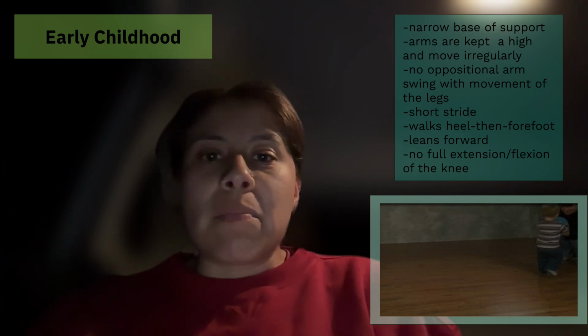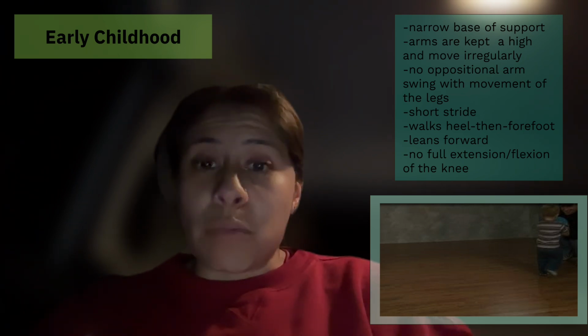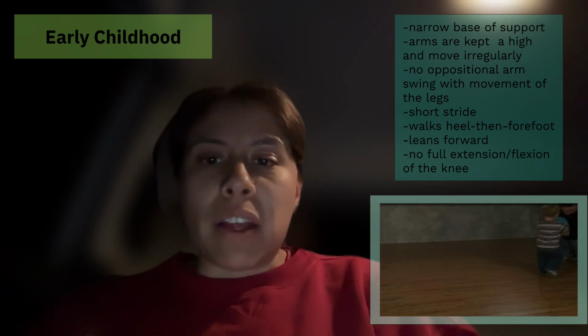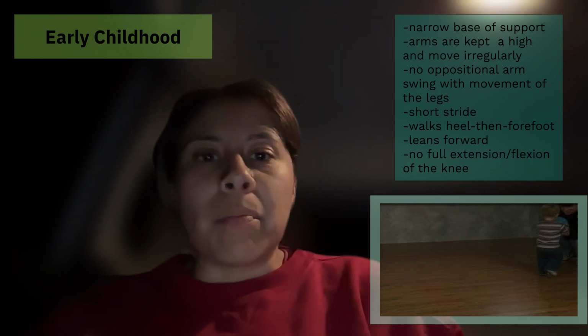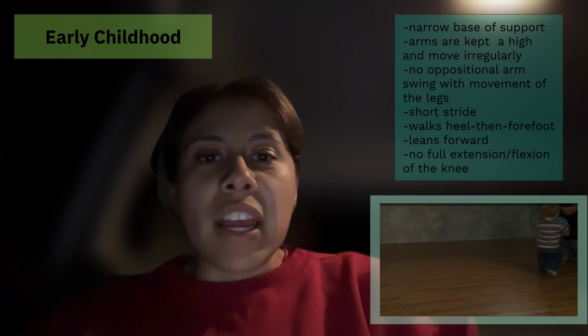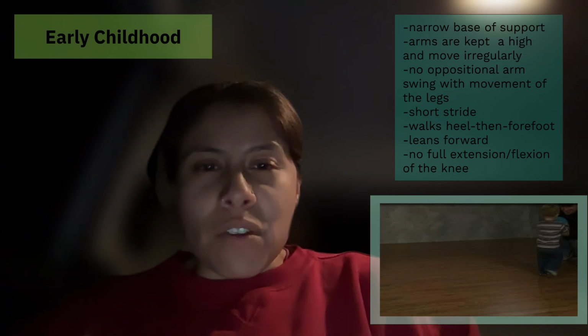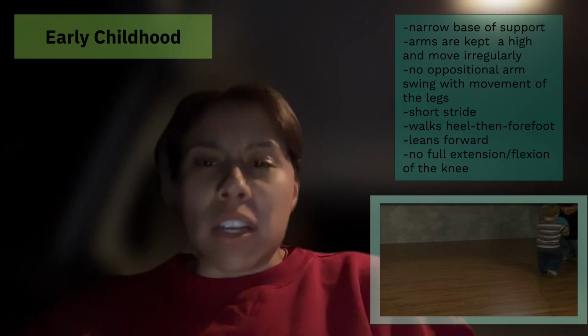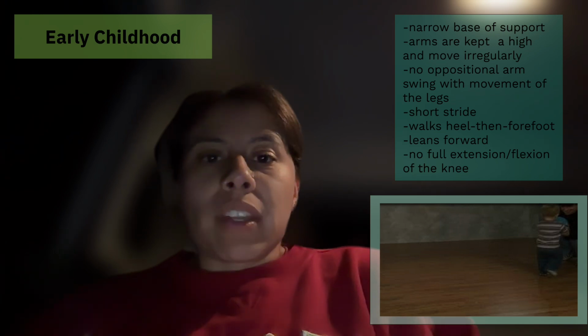The toddler does keep their arms higher, which also promotes balance, helps regulate a little bit more balance and stability. The arms do move irregularly, so there's no oppositional arm swing with movement of the legs, so they kind of move a little bit more sporadically.